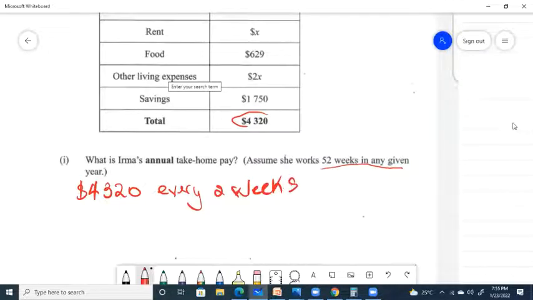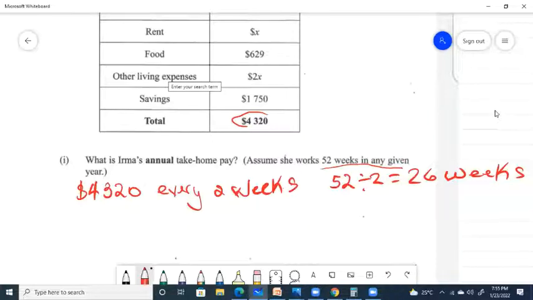So if I know how many weeks she's going to be paid for the year, she's definitely going to be paid 52 divided by 2, which is 26 times. She will be paid 26 times.